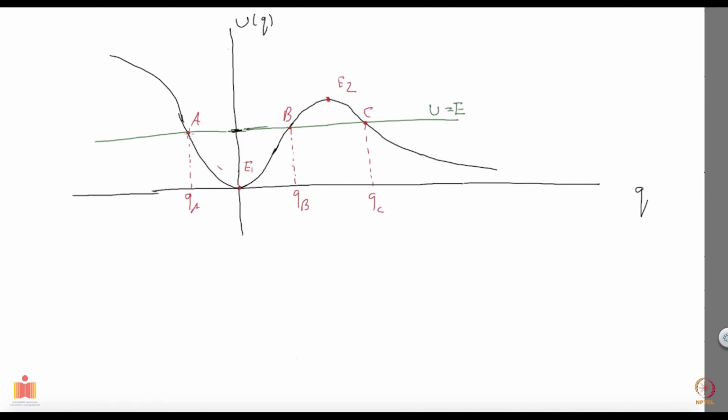So the point A is a turning point. The system rolls backwards, goes further, shoots up to B, and again runs out of kinetic energy and has to turn backwards, so B is another turning point.